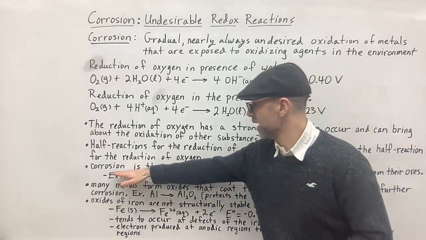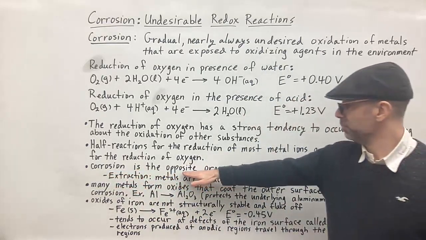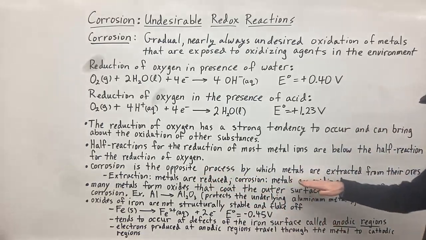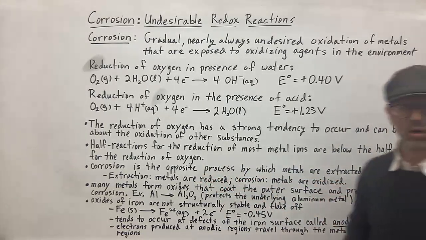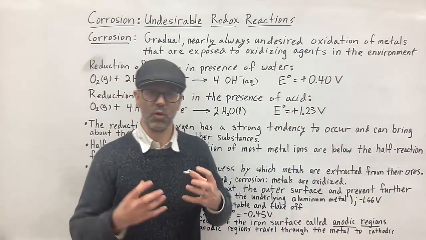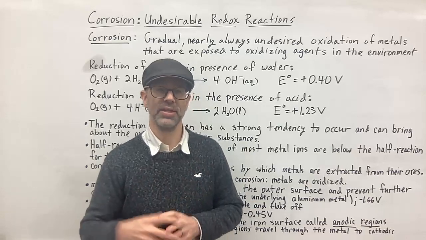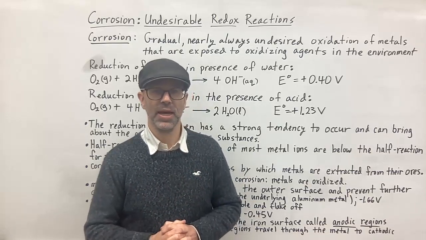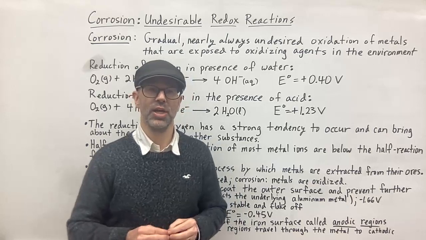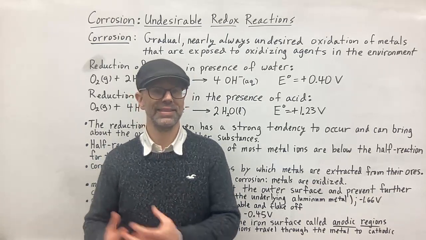And so you can see that corrosion is actually the opposite of the process by which metals are extracted from their ores. What do I mean by that? When you find a metal in an ore, it's usually in some sort of ionic compound, maybe an oxide of some sort. You're trying to reduce the metal ion into the pure metal itself.